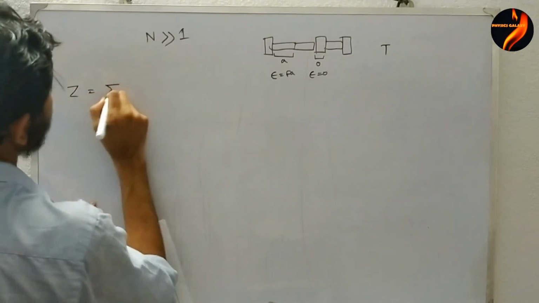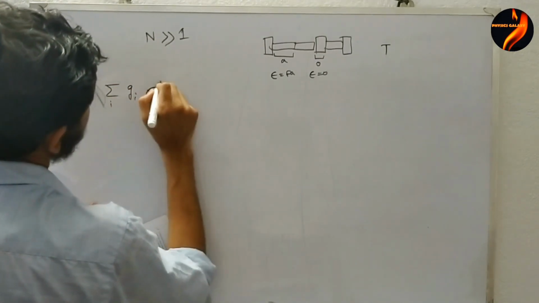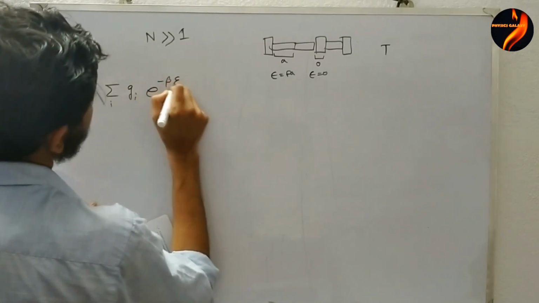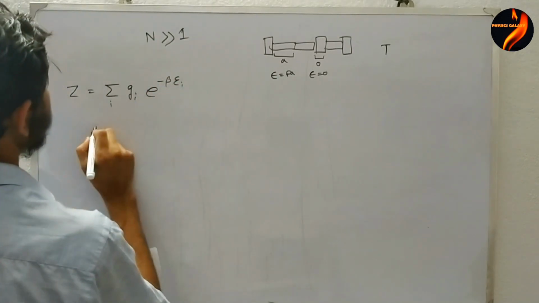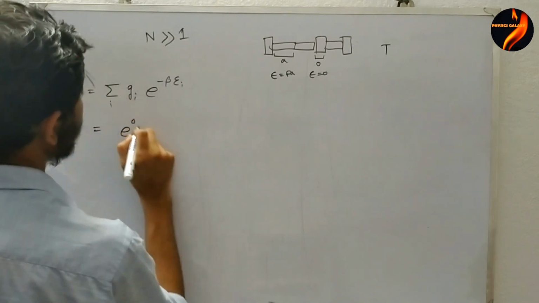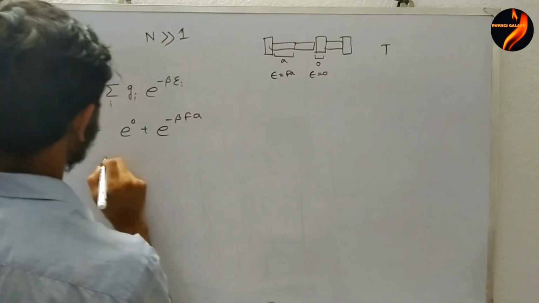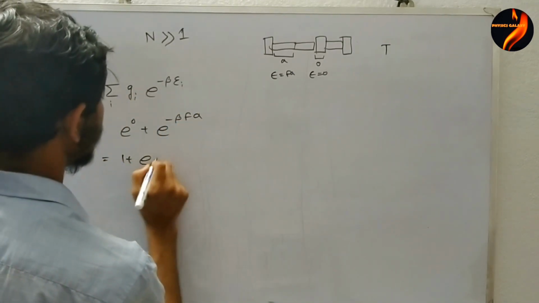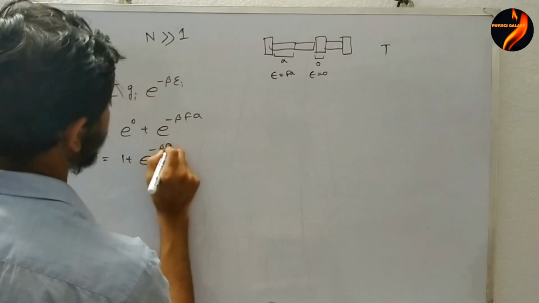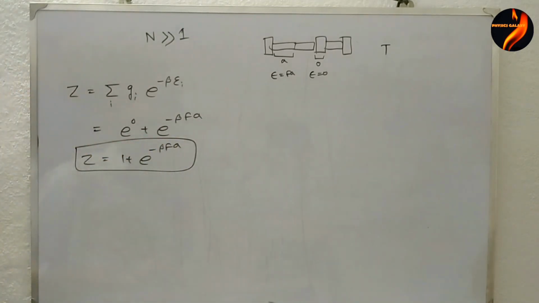We know that the partition function is e to the power 0 plus e to the power minus beta Fa, equal to 1 plus e to the power minus beta Fa. So this is the partition function.